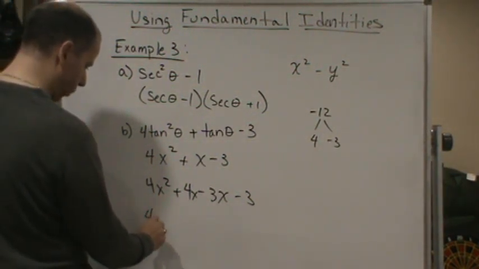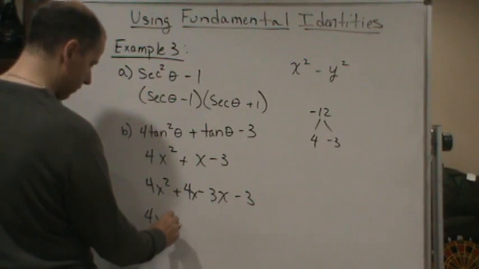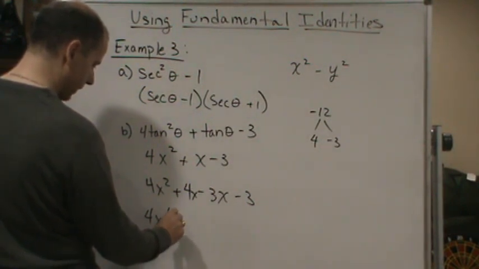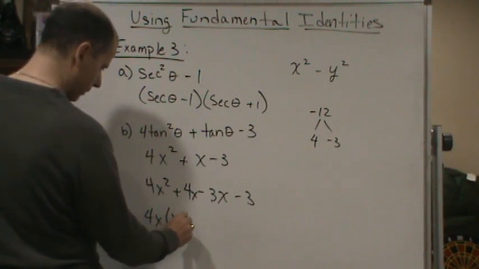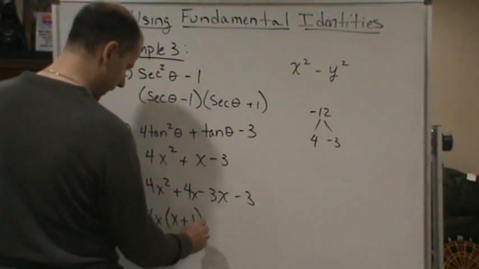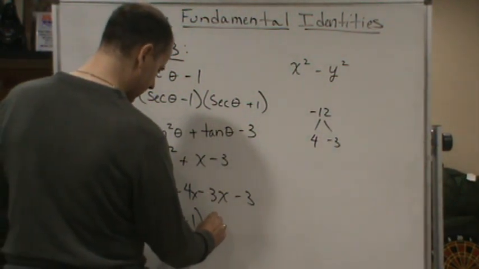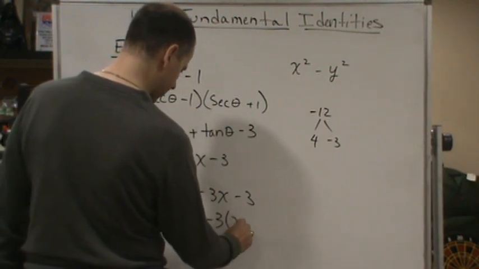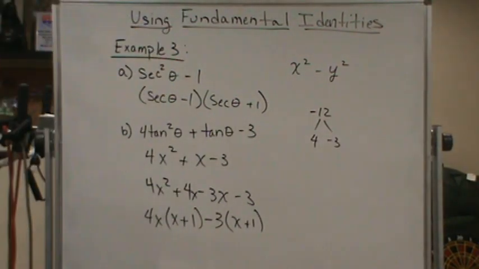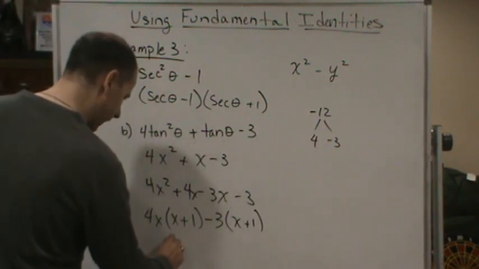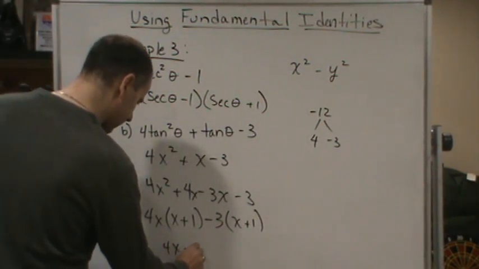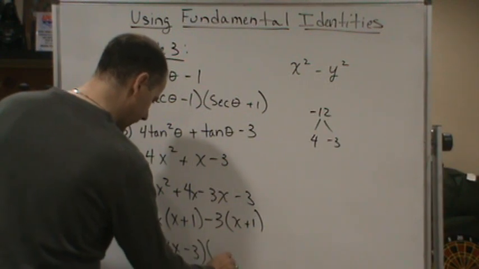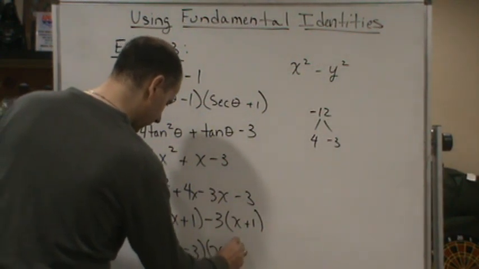So this is going to be 4x times x plus 1, and then of course this is going to be minus 3 times x plus 1. Okay, and then now you're going to factor again, and what do I get? I get 4x minus 3 quantity times x plus 1.